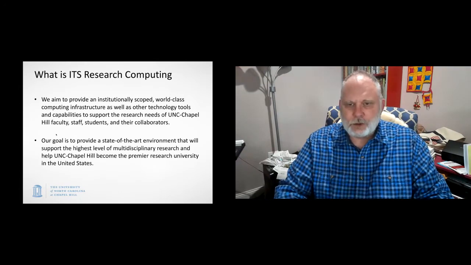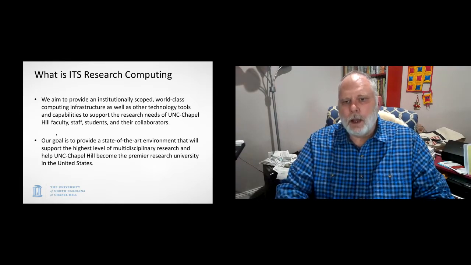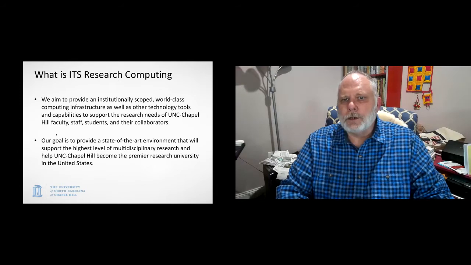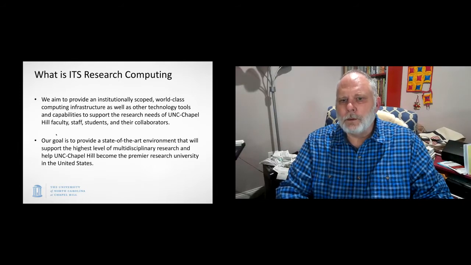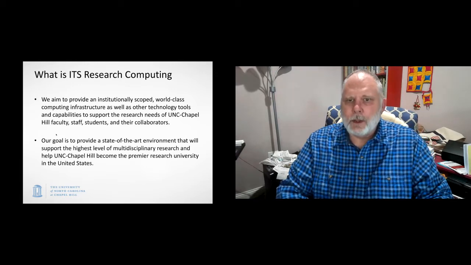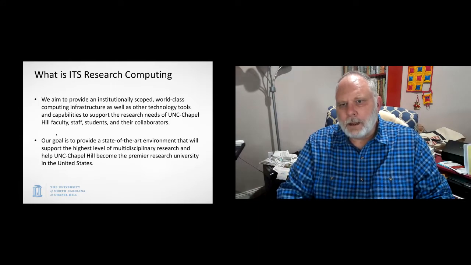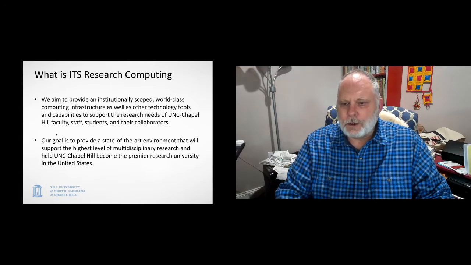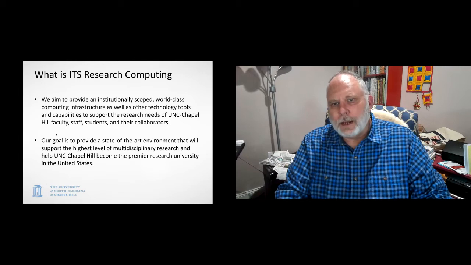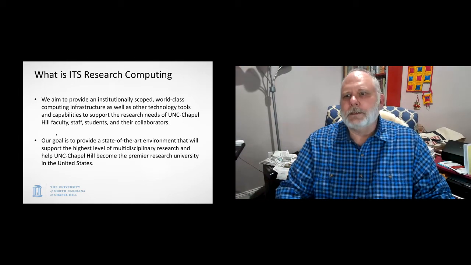So it's a little bit of a challenge in that respect. The plus side is we're centrally funded, and so we're available to anyone regardless of whether they have grants or not. So that's pretty exciting. A couple of years ago, someone at UNC got a Nobel Prize, and they ran some of their code on the computers we run, and that's really exciting to us as well.